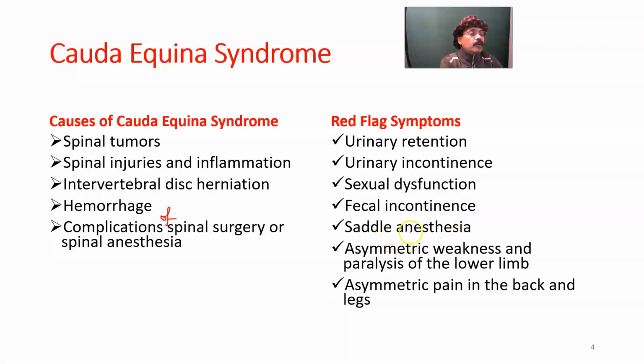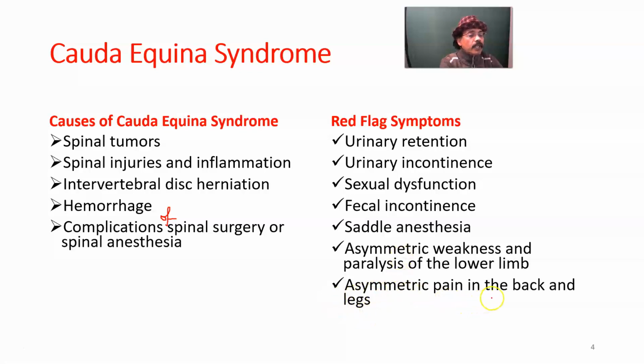Saddle anesthesia: we see anesthesia around the sacrum and perineum. It may be unilateral or bilateral. Asymmetric weakness and paralysis of the lower limb is usual. If it is a central herniation, that is unlikely, but in that condition it may be symmetrical.